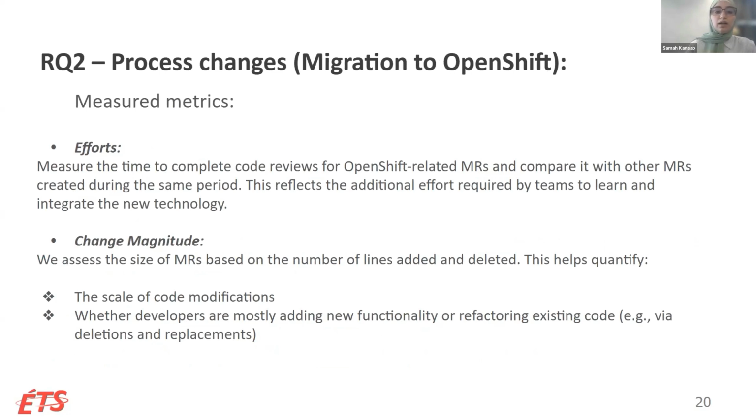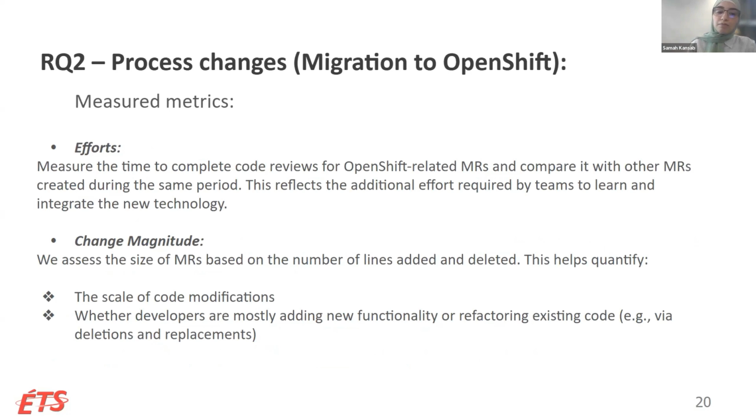Now, looking at the process changes, which is in our case the migration to OpenShift. So at some point, our industrial partner wanted to migrate to a technology called OpenShift. So we analyzed the effort also by looking at the time, then the change magnitude.